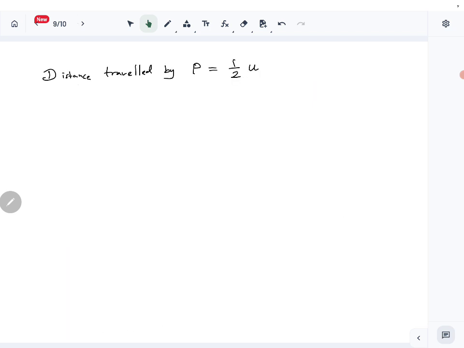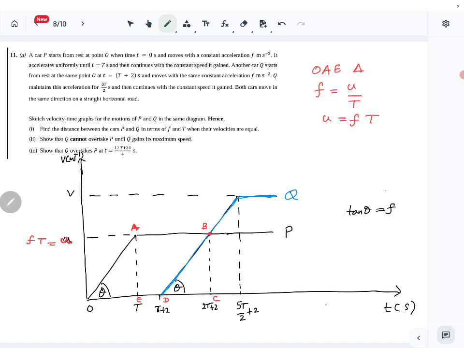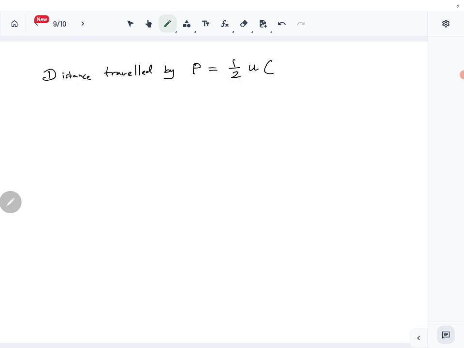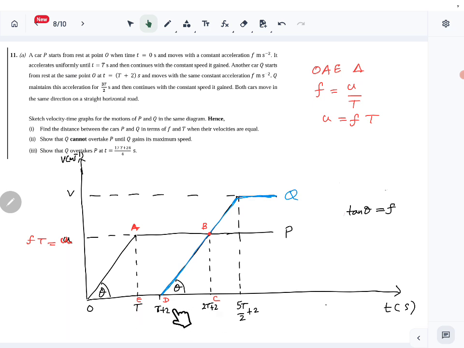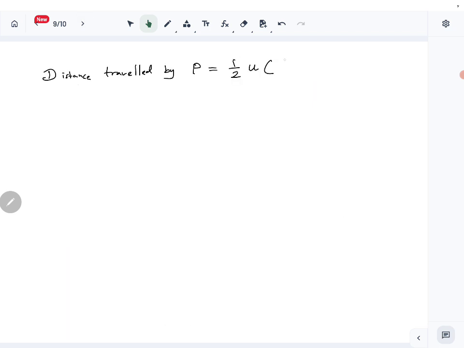AB is this length 2T plus 2 minus 2, that is 2T plus 2 minus T, which is T plus 2. T plus 2 plus 2T plus 2 is the OC length. So half u is fT, times 3T plus 4, right?